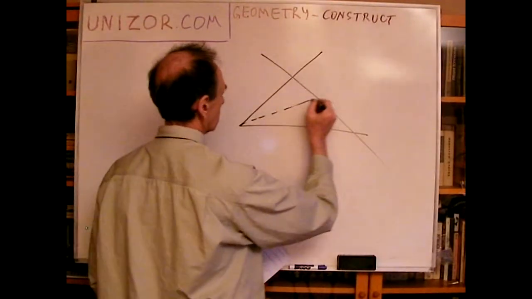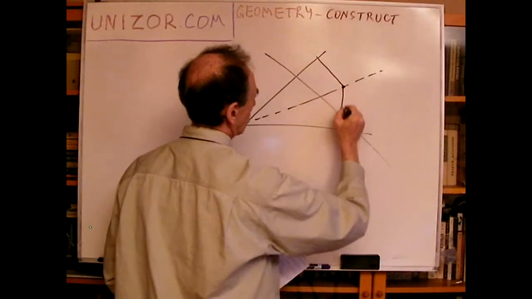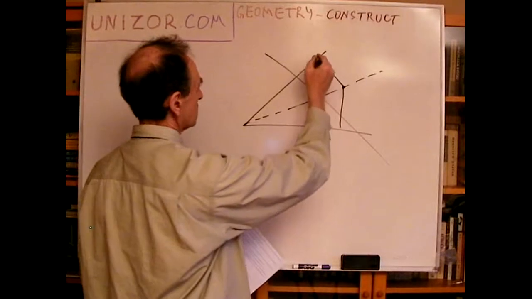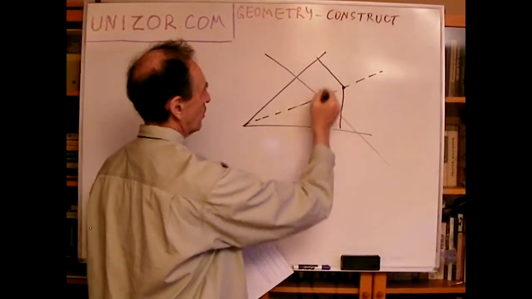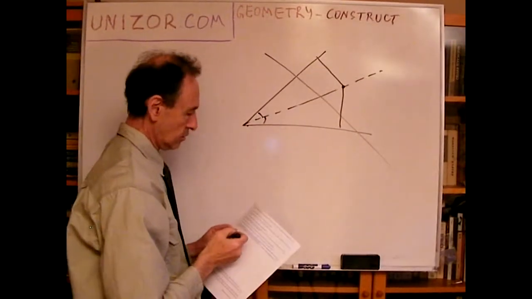Obviously it's a bisector. From any point on it, the perpendiculars to the two sides are equal to each other, because the triangles are right triangles with a common hypotenuse and congruent acute angles.